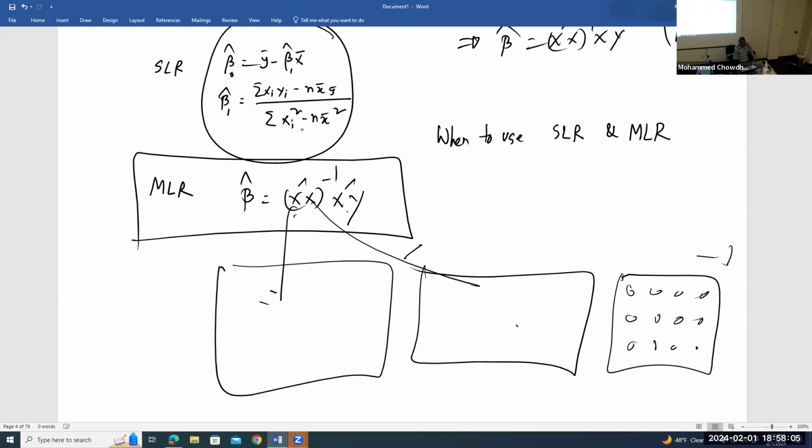Then you take the inverse of that matrix, multiply, and you get a matrix like this. And then you have yi. Y is just this. When you multiply this with that, you get one value; multiply this with that, you get the second value; multiply this with that, you get the last value. So this is the estimate of beta 0, this is beta 1, this is beta k. Are you understanding?